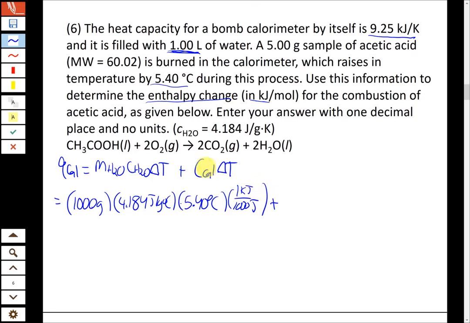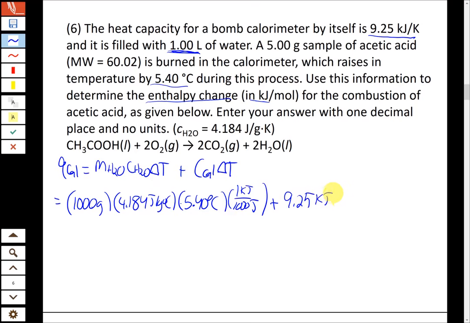And then the second term, which is the heat capacity of the calorimeter itself times delta T. So the heat capacity of the calorimeter is 9.25 kilojoules per Kelvin. For an overall heat capacity, we don't include a mass term. It's just all grouped together into one capital C heat capacity as we abbreviate it. So it's going to be that number times delta T for the calorimeter.